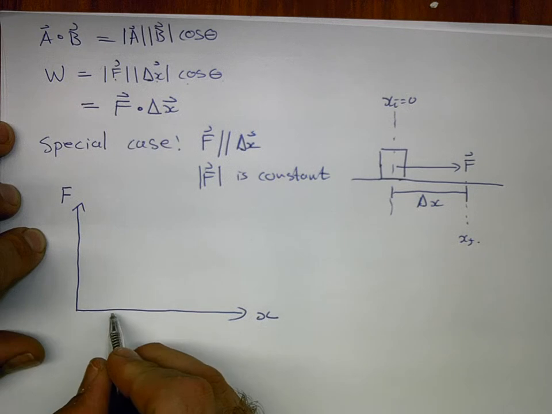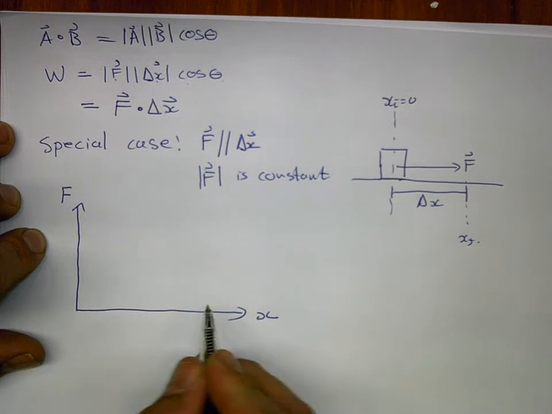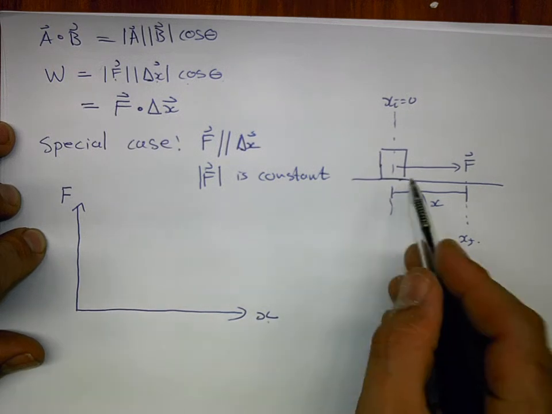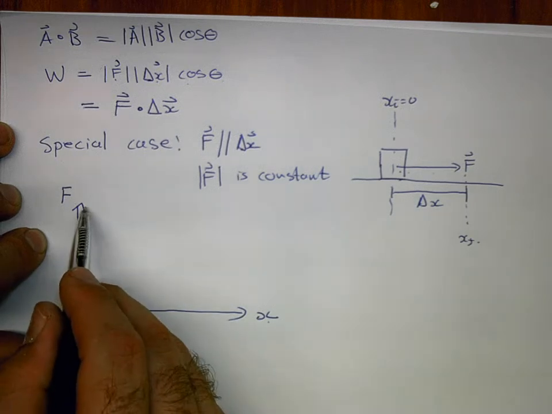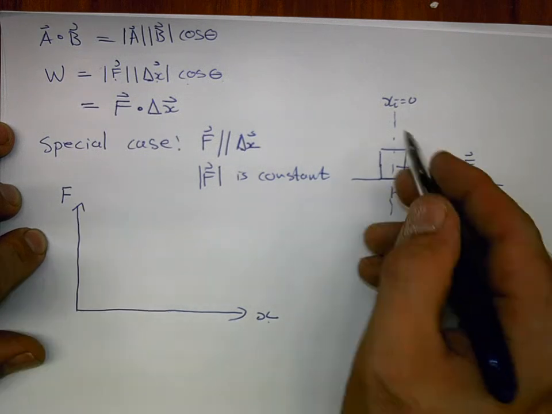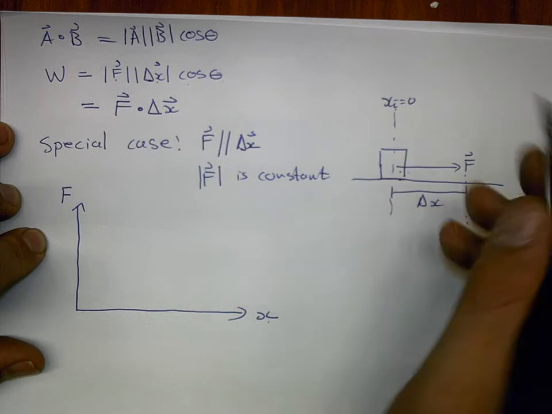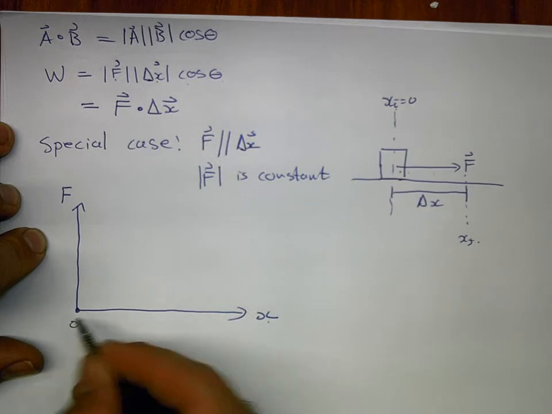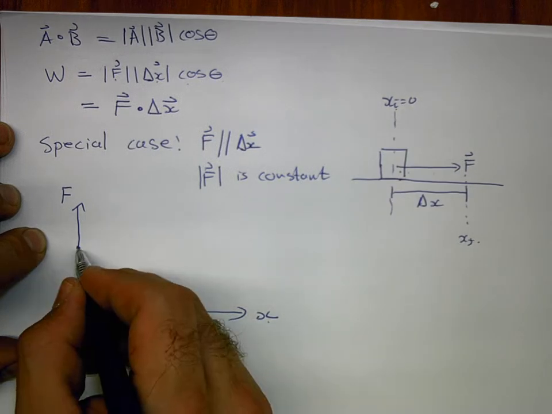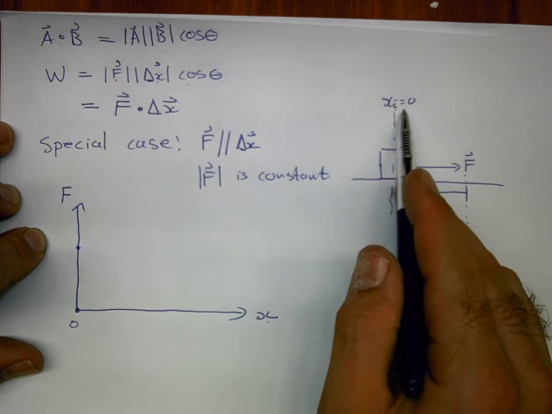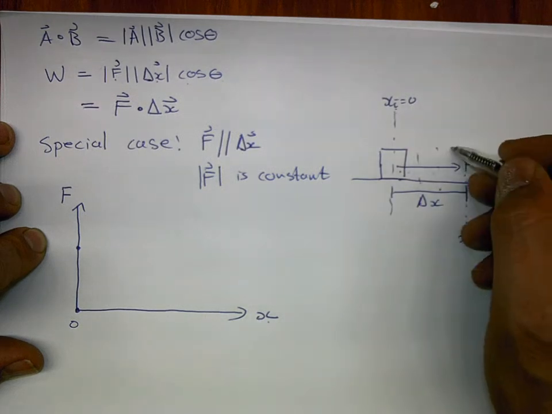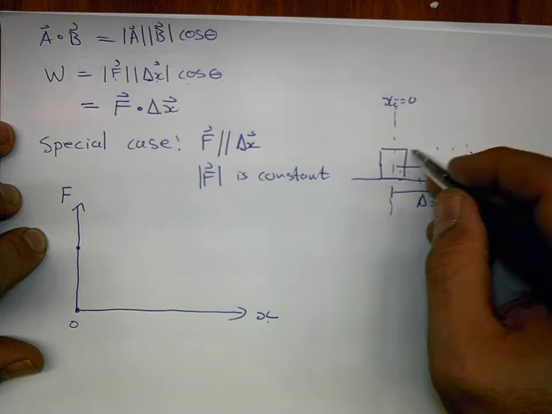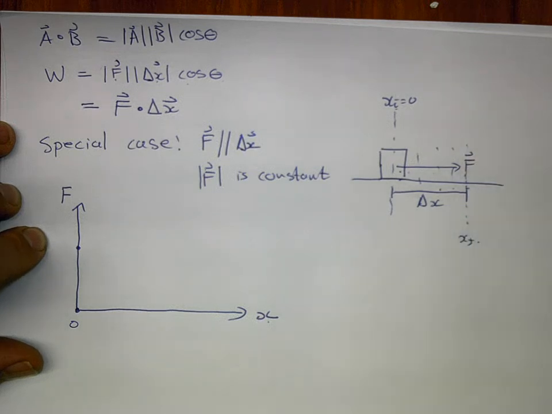So if I want to plot the position, on one axis I've got the position of this box, on the other axis I've got the magnitude of the force. So when this box is at position x initial equals 0, the force has a certain magnitude. We said the force remains constant, so when the box is over there, over there, the magnitude of the force is the same at all those positions.